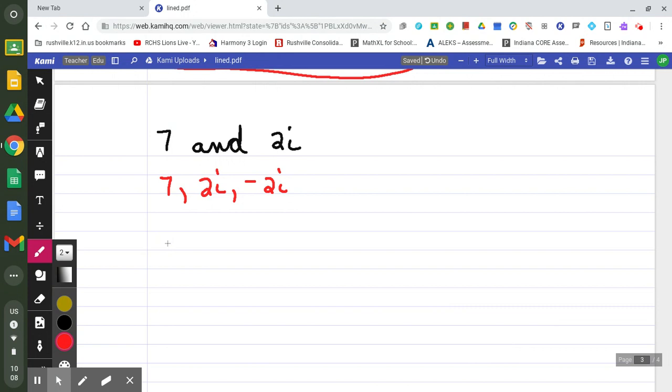So then we will write all of these as x equals. So x equals 7, x equals 2i, and x equals negative 2i.